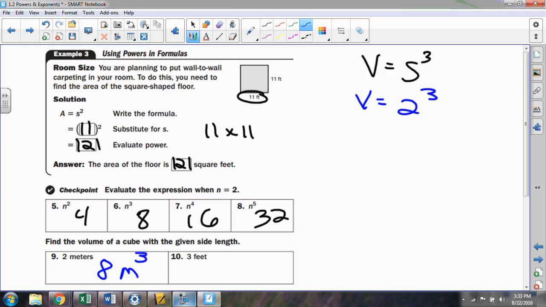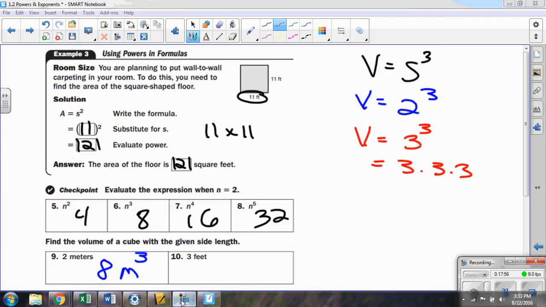Now let's finish off this number 10. What if the volume was based on a side length of 3 feet? What would change? Side length of 3, and so we're looking at 3 cubed. And we know that's 3 times 3 times 3. Not 18.